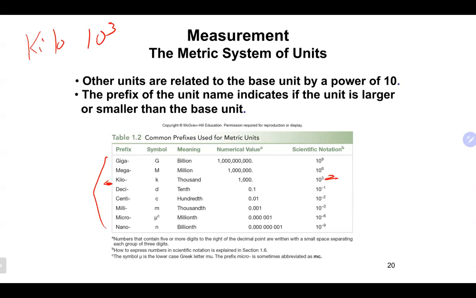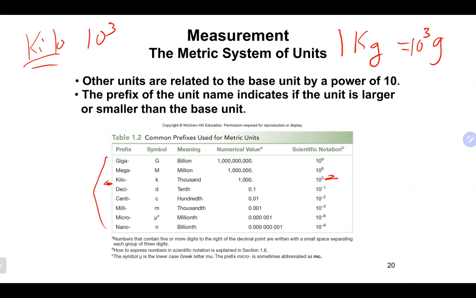So what that means is, for example, if I wanted to do kilograms to grams, what is the base unit there? That is grams, right? Grams is really the base unit. Kilograms is the prefix unit. So when we look on this table, when it says 10 to the 3, what that means is in 1 kilogram, there is 10 to the 3 grams.